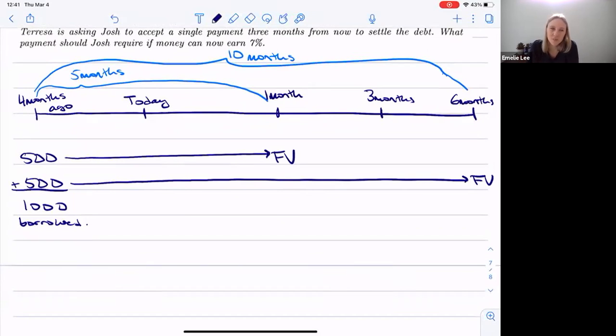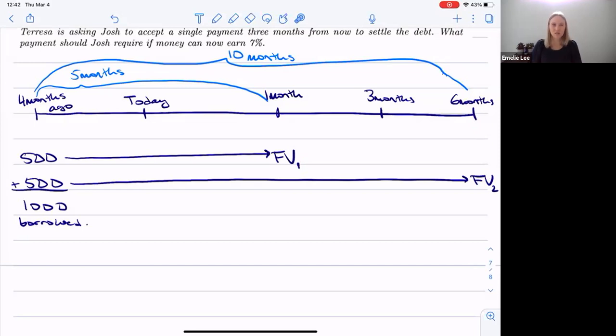Now, to keep these separate, I am going to use little subscripts. So I'm going to use 1 and 2. If you want to get really kind of crazy, you could use 1 for the 1 month future value and 6 for the 6 months. I'm not going to do that. That's crazy.